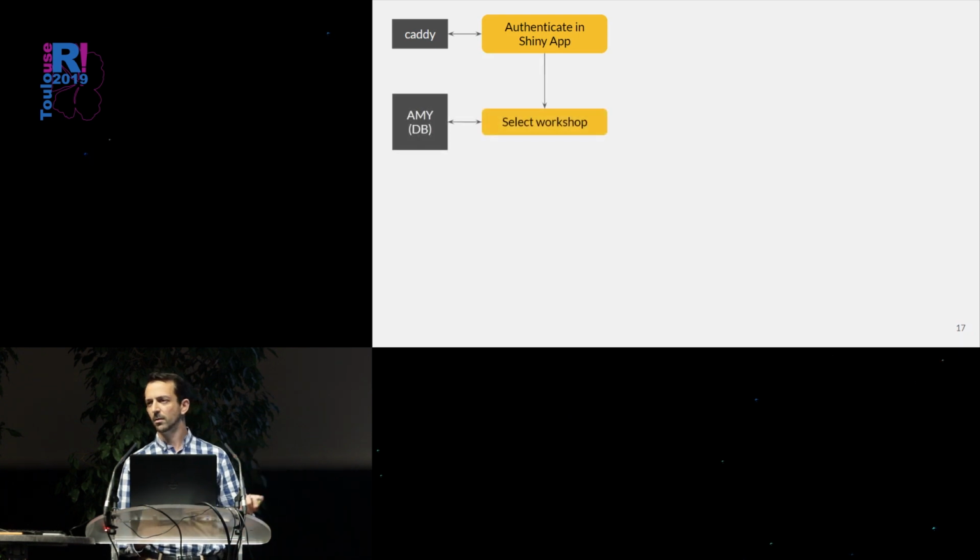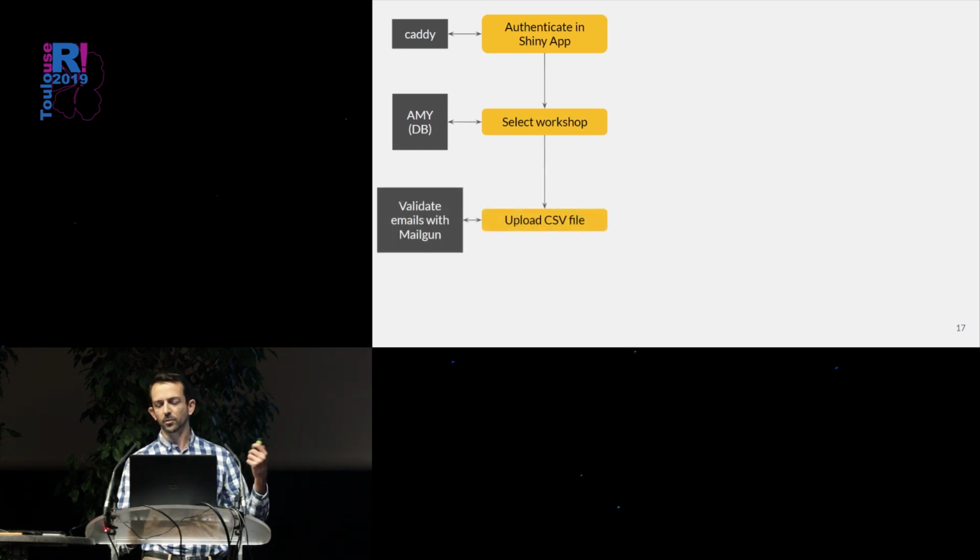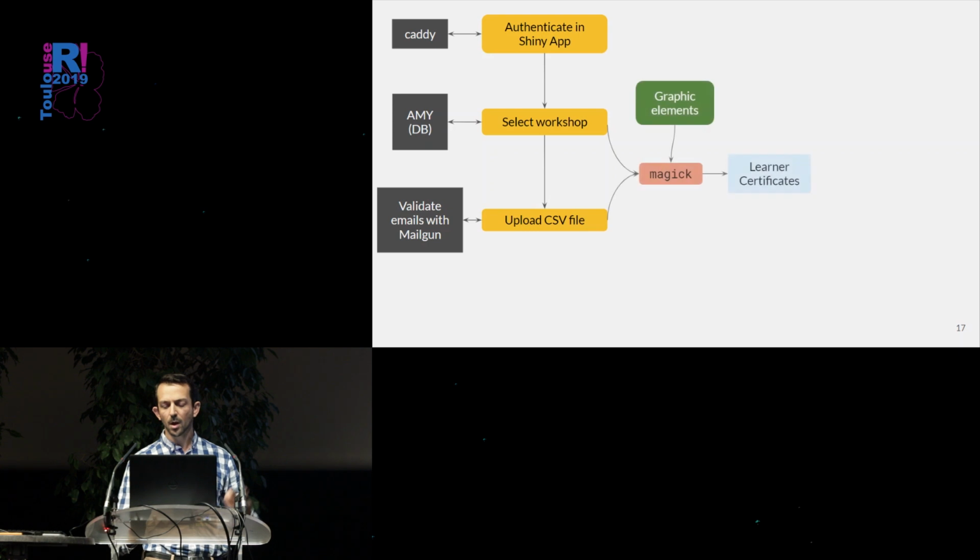From there, we use our AMI database to retrieve the list of workshops, and then the user selects the workshop and uploads a CSV file with the names and email addresses of the people who attended the particular workshop. We validate the email addresses that are being uploaded using the Mailgun API, and then we use the Magick package to pull the graphic elements that are going to go into the certificate, as well as the information provided by our database to create a learner certificate.